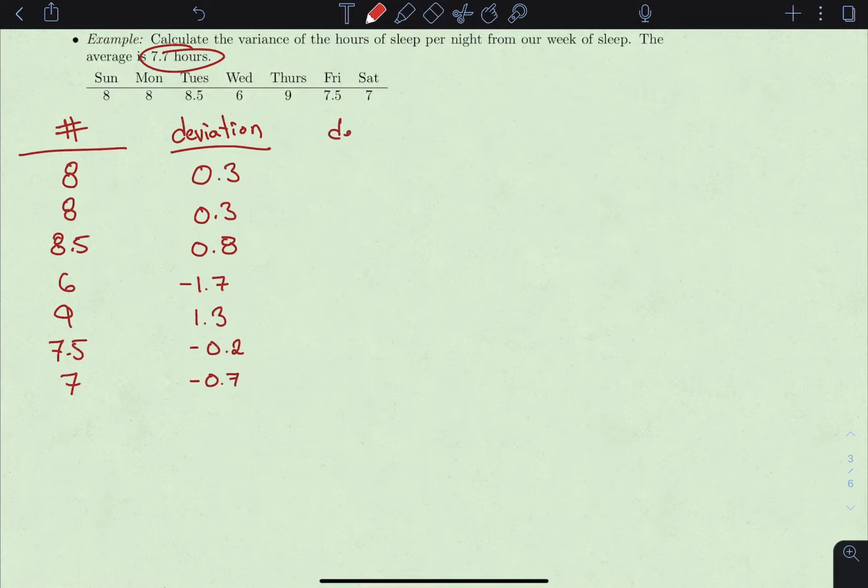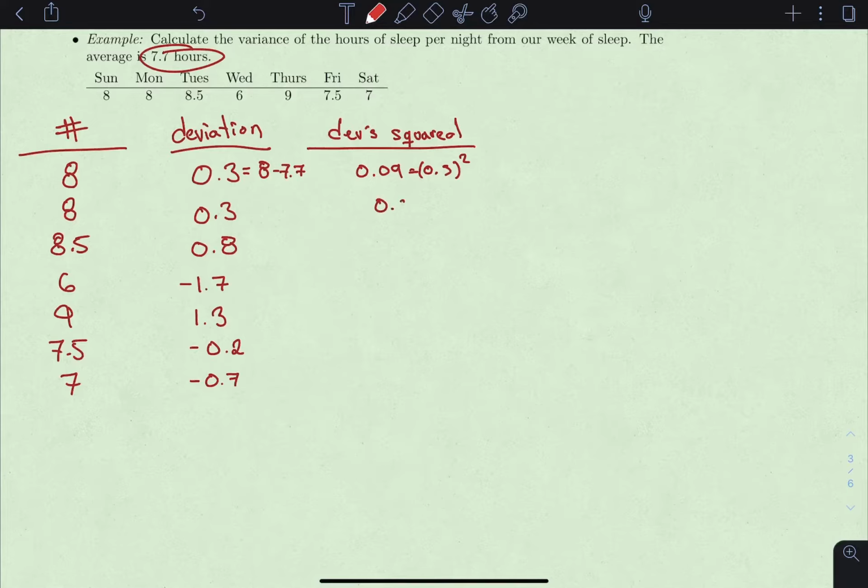Now we need the deviation squared. So all of those numbers multiplied by themselves. So it'll be 0.09. That's 0.3 squared.